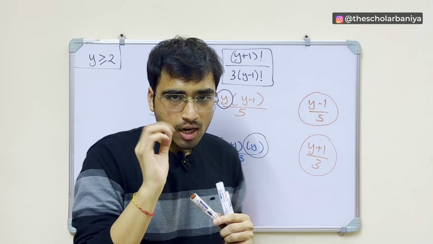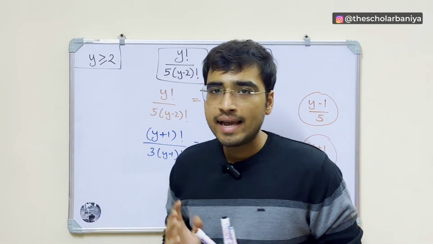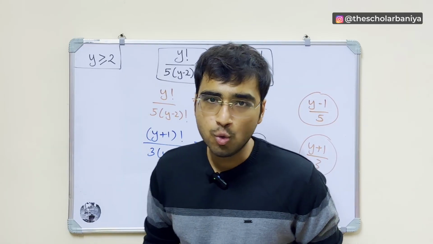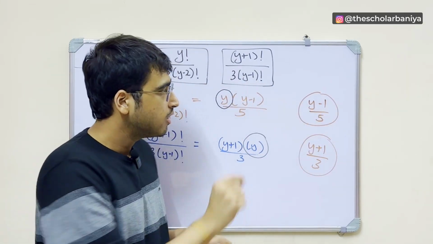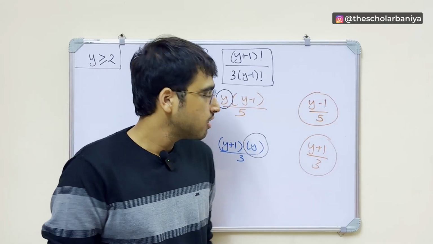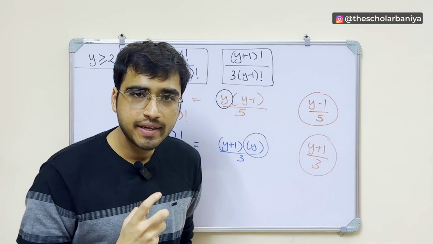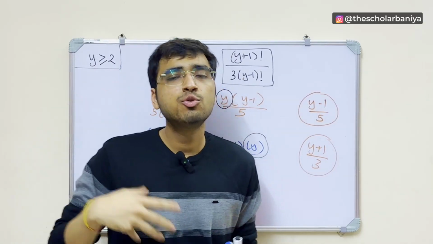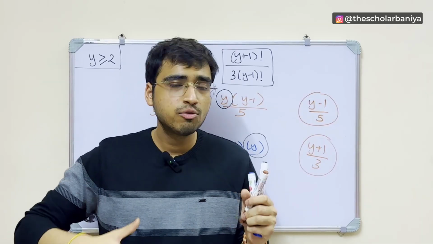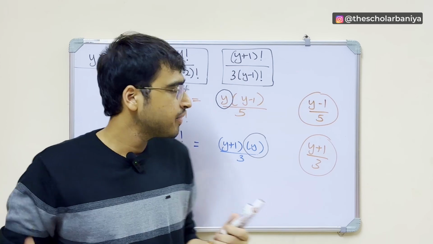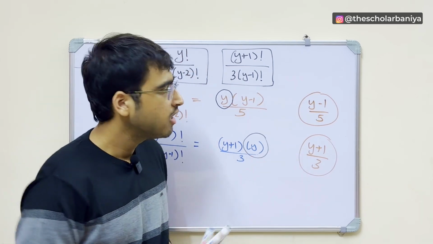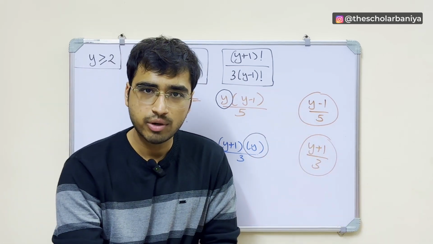Now tell me one thing. We know y is greater than or equal to 2, right? So if you look at the numerator, y minus 1 and y plus 1, which will be greater? If y is equal to 2, y is equal to 3, y is equal to 4, or y is equal to 2.5, 3.5, whatever, obviously y plus 1 will always be greater than y minus 1, right?